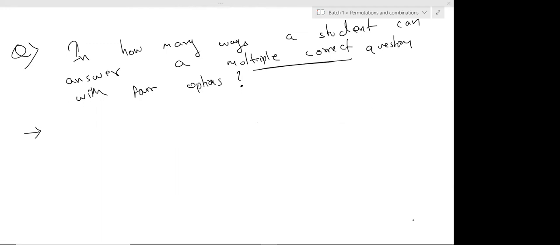Anyone solve this? Gautam, Ashma, Harshal, Abdul, Shavya. Students, if you don't speak or say anything, I will not know where the problem is, right?